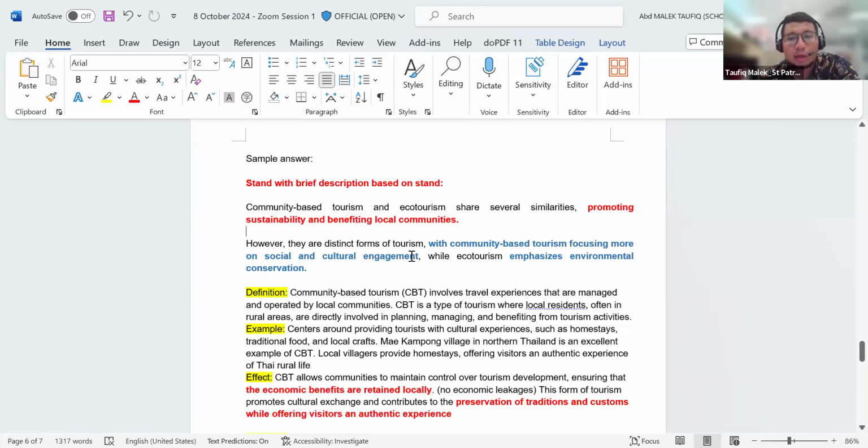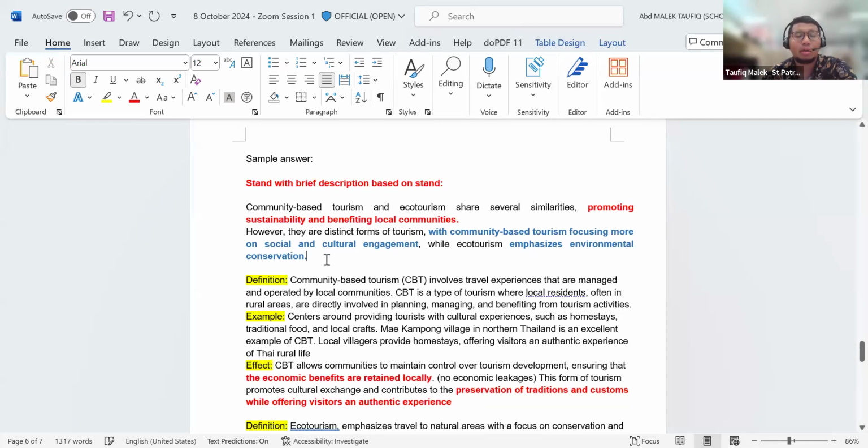Now, with this paragraph, if you are able to provide me this paragraph, then it is very clear to me, very clear to the marker, that you are able to understand the question, that's number 1, and you are able to differentiate between your similar stand and your different stand. Okay, you are able to tell me that yes, even though there are similarities, there are also differences. So you are able to tell me two sides of the coin.